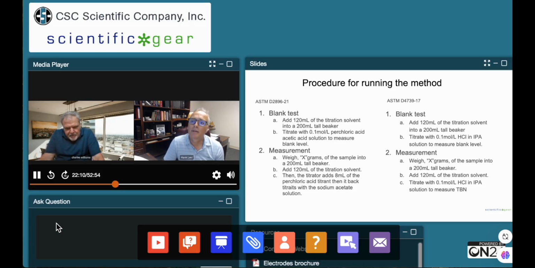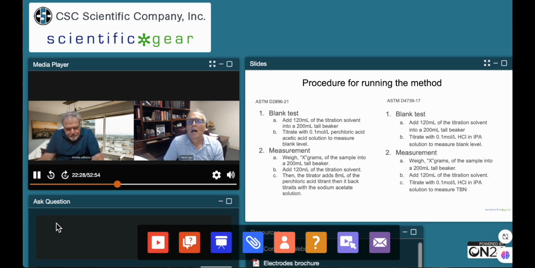And for procedure A, which would be your normal. Procedure B is so you can use an auto sampler. And so you use like 60 mils, I think you said, right? Right. You have to cut it in half.